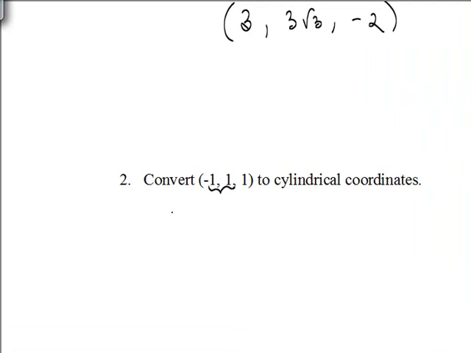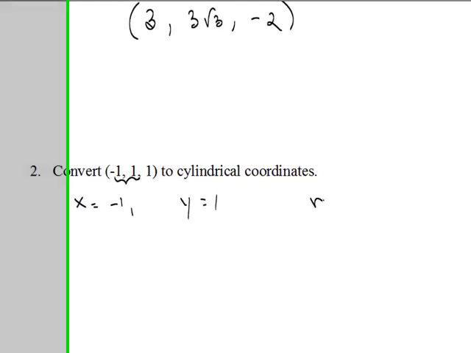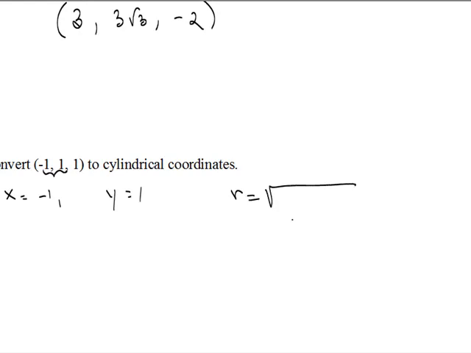So here x is -1, y is 1. Okay? So let's find r. That's the first thing we need to find, r, and then we find theta. Okay? The r is easier. So r, remember, is the square root of x squared plus y squared. So it's 1 plus 1, which is square root 2.